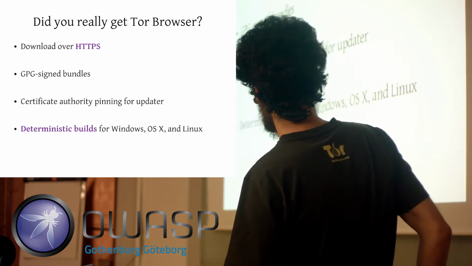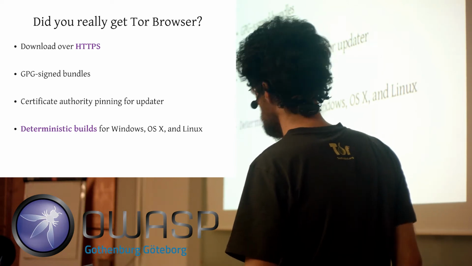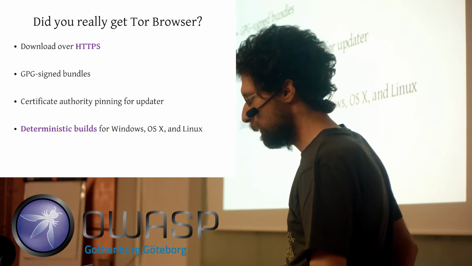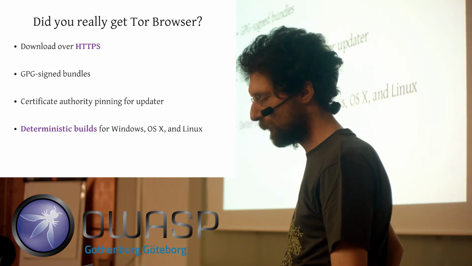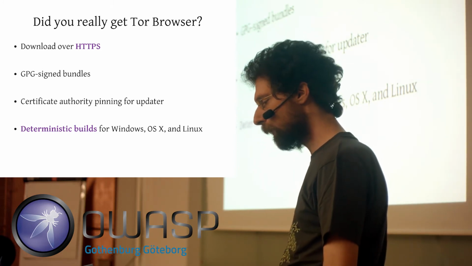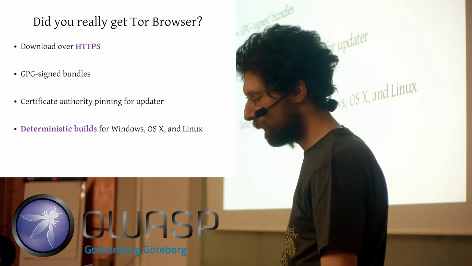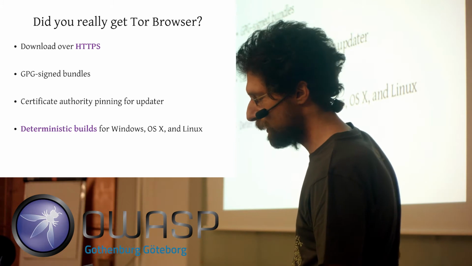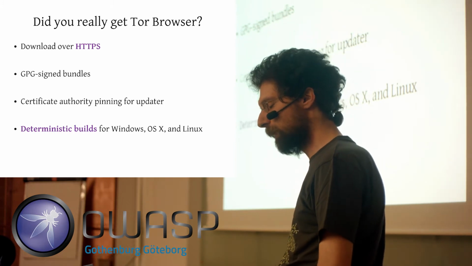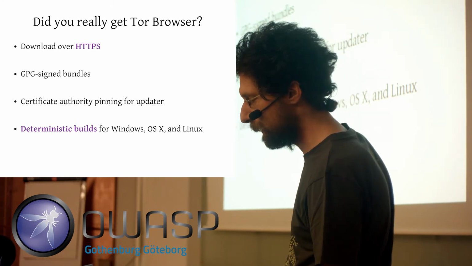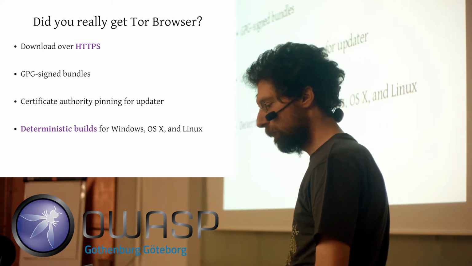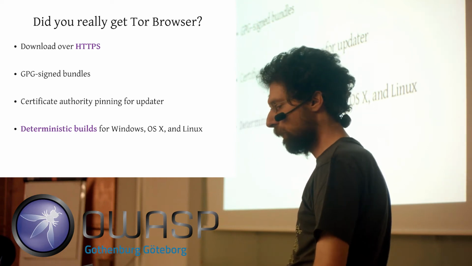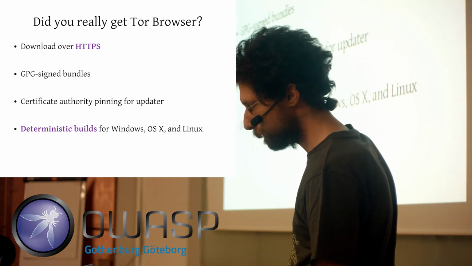So what we did is we patched the Firefox updater to work with our system, and you are now getting updates every 6 weeks automatically. And these updates are currently only safeguarded by HTTPS basically, and we have a kind of certificate authority pinning in the browser. But this is going to change in 2 weeks when the new stable release is coming.